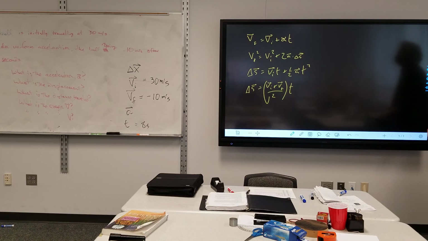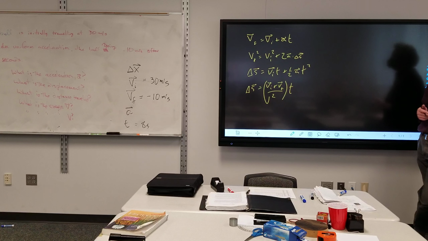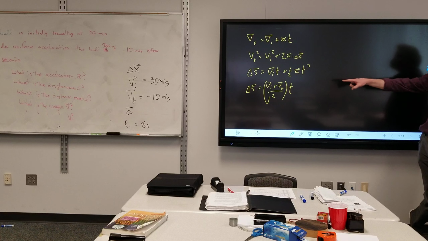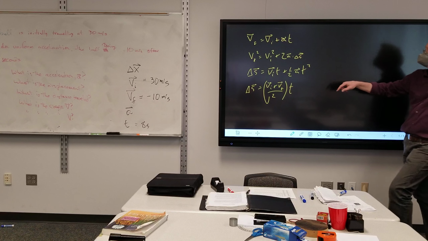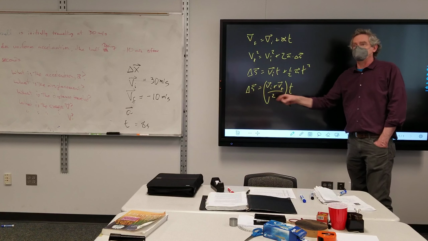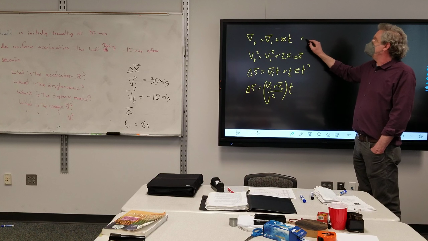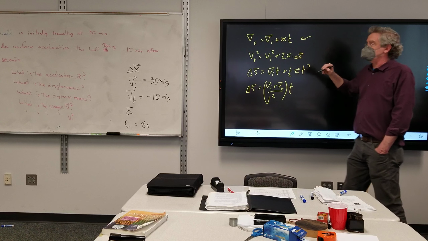So if I want to find acceleration, which formula would I use? The last one? To find acceleration? The first one? Yeah, we can use the last one to find displacement, but there's no A here, so can't use it to find acceleration. First one, I know VF, VI, and T, so yeah, that works.